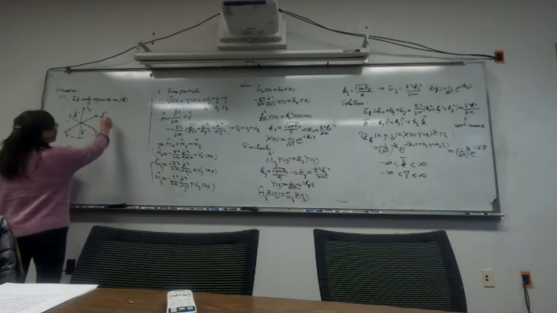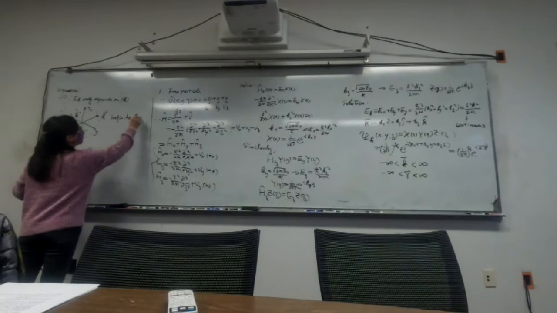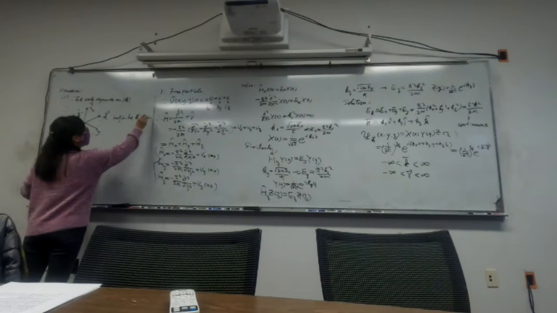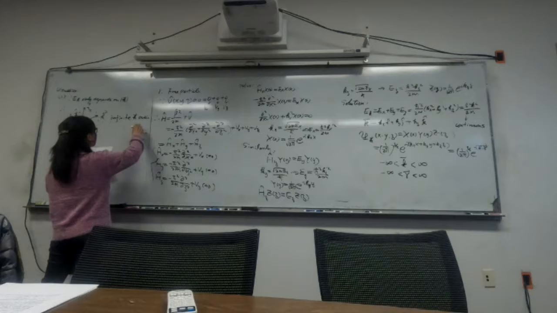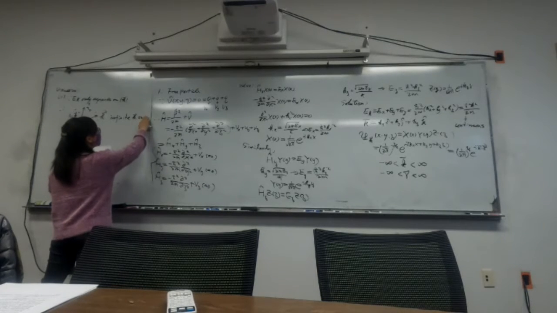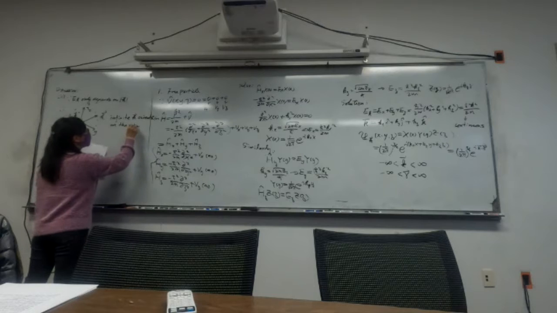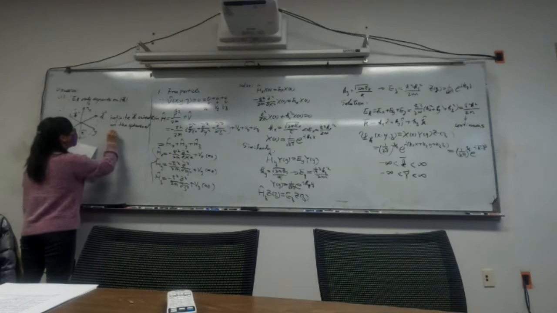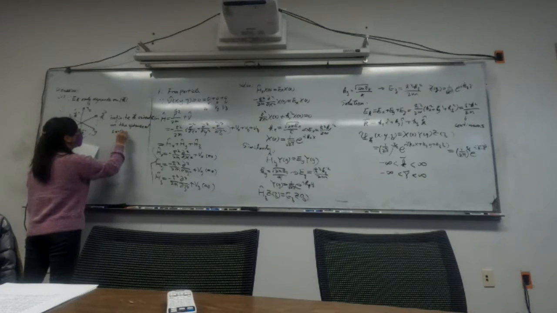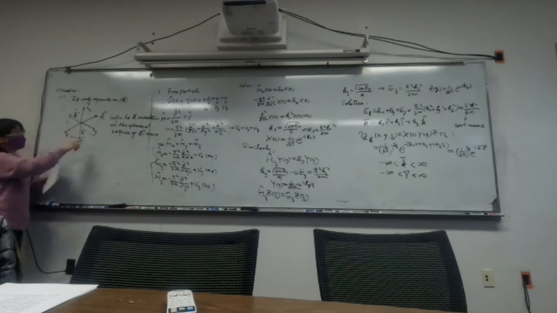So what does that mean? Infinite k orientations on the spherical surface of the k space. When I say k space, it is in terms of k.